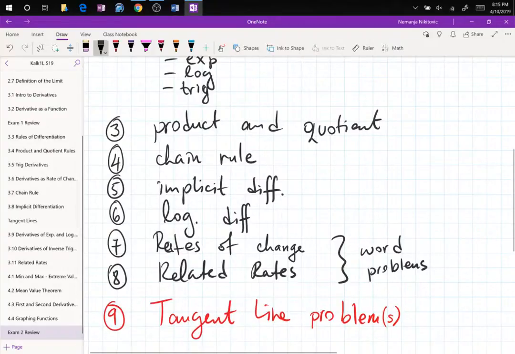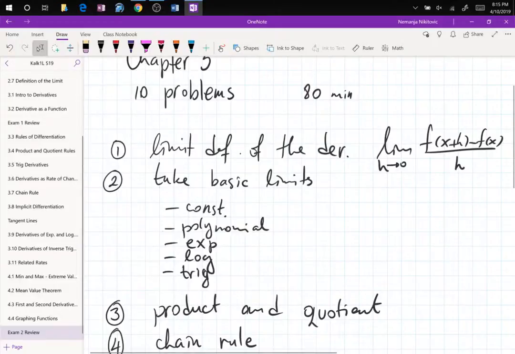If you go back to notes or the video, number 1 over here would be in 2.3, which is the chapter on limits, and then 3.1, which is the chapter on derivatives. These are the sections that have a lot of these problems done. And then you can watch the videos.